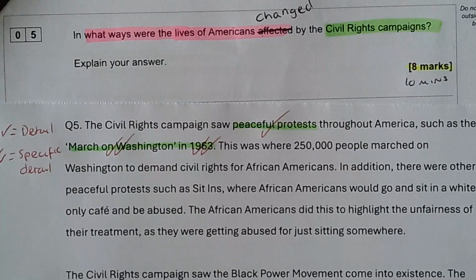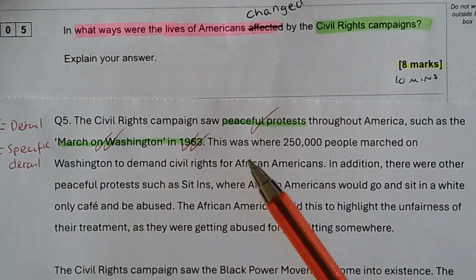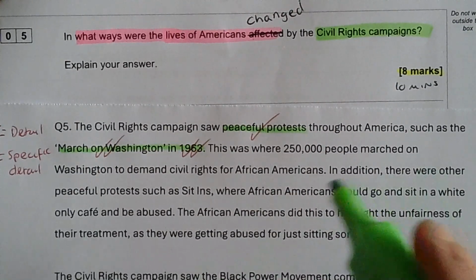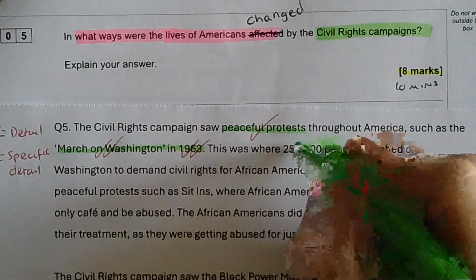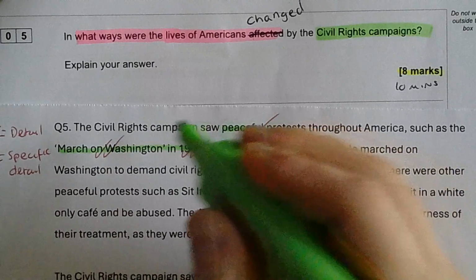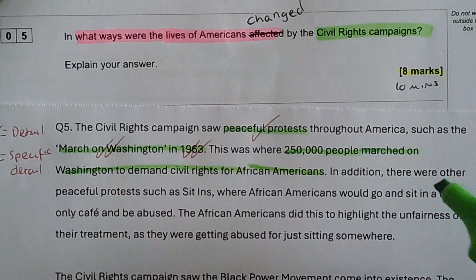So straight away, just by telling me something about the Civil Rights Campaign, I've picked up 1 to 2 marks, just by doing that. So what else do I know about the March on Washington? Well, it was where 250,000 people marched on Washington to demand civil rights for African Americans.